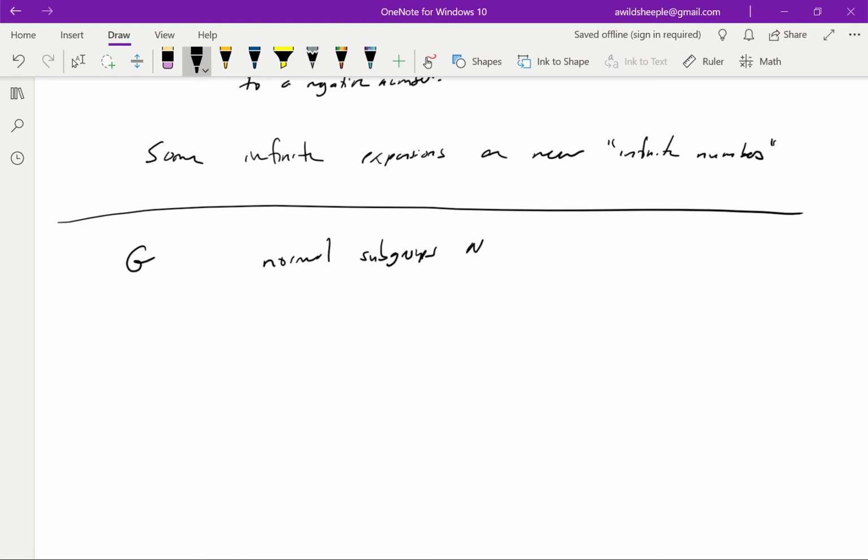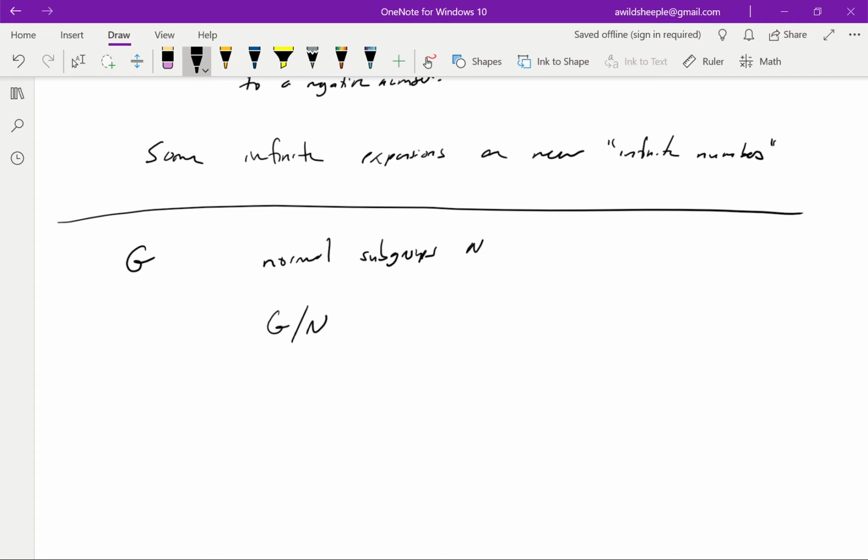I'll have some objects that all look like quotients, G mod N. And I want to form an inverse system of these by looking at these quotients and looking for the universal object that lies over all of them.